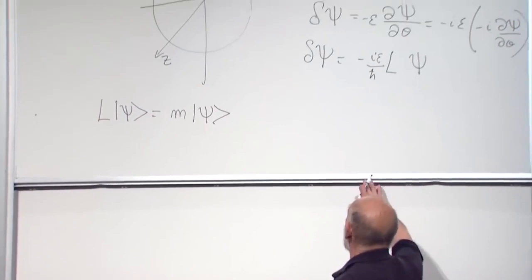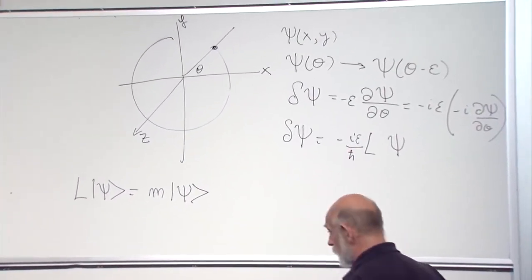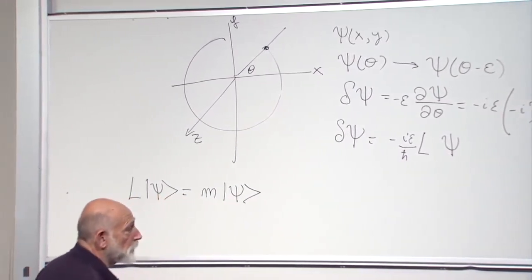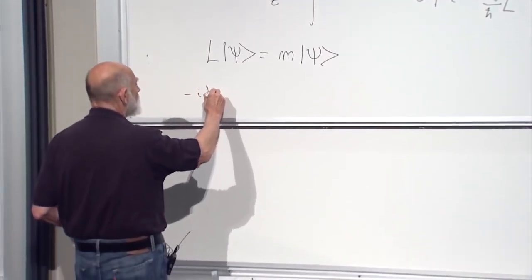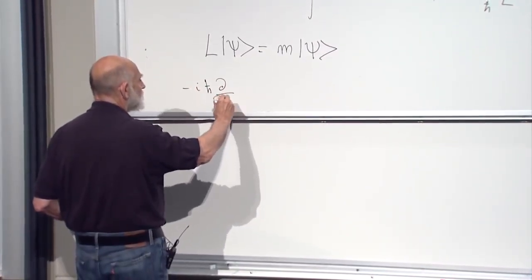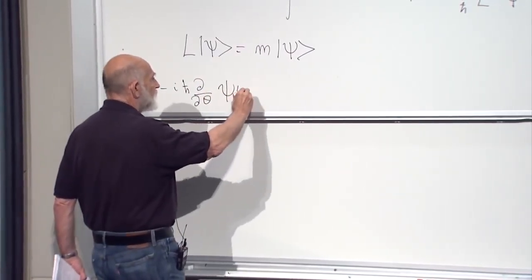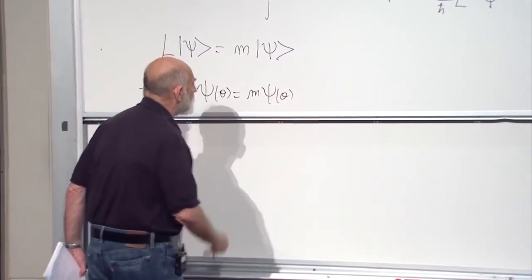Okay, how do we find the eigenvectors? In other words, how do we find the wave functions that correspond to eigenvectors? And for that, we just do the obvious thing. We put in minus i h bar d by d theta. That's L acting on psi of theta is equal to m psi of theta.